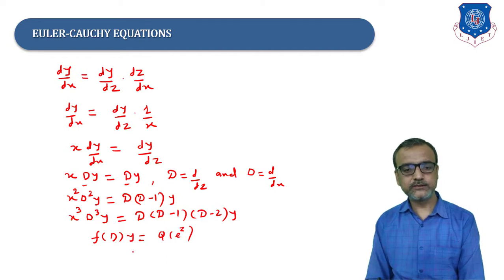Now this is a linear differential equation with constant coefficient, and you can solve this differential equation with the methods discussed with you earlier. Now I will make you understand this concept with the help of examples.